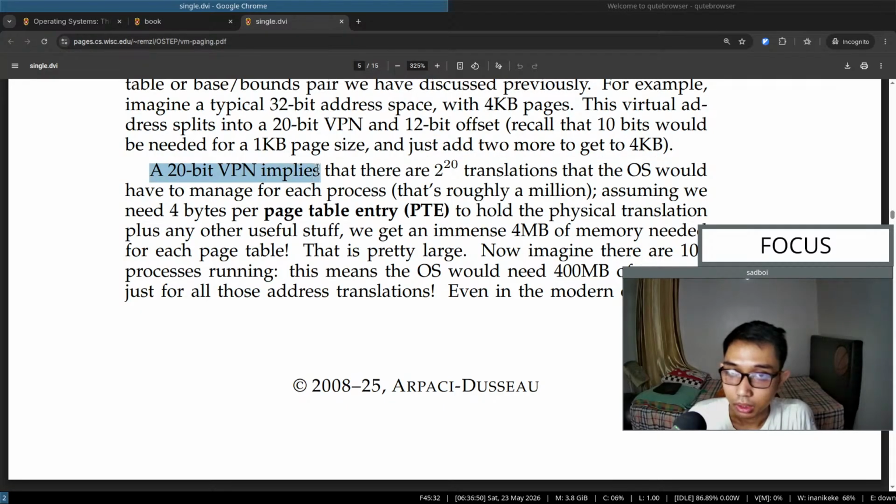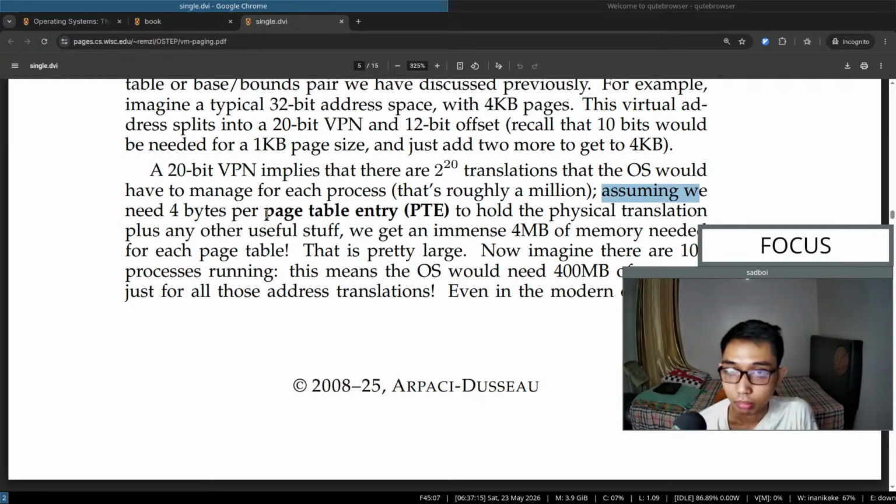A 20-bit virtual page number implies that there are 2 to the power 20 translations that the operating system would have to manage for each process, right? That is a lot, roughly 1 million.